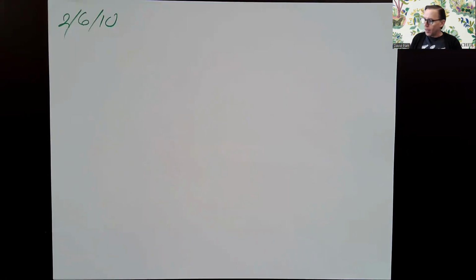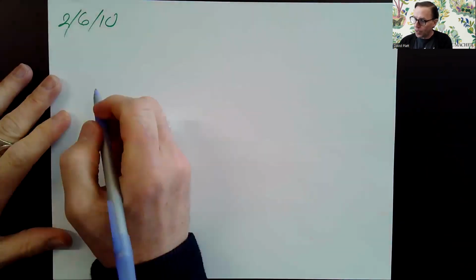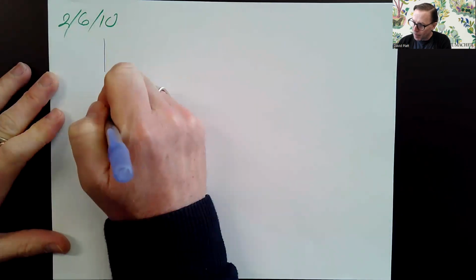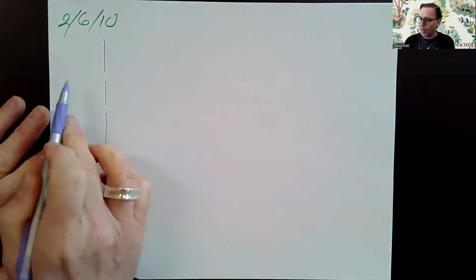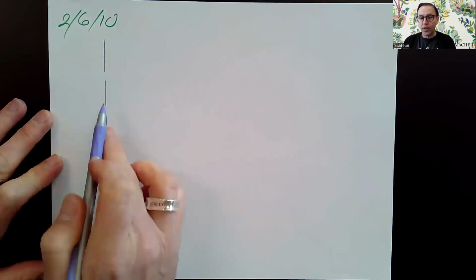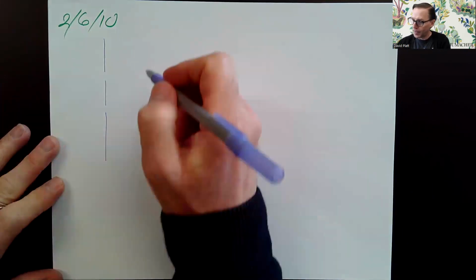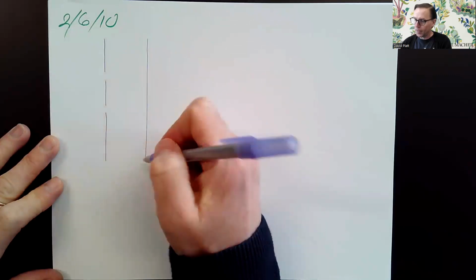So let me remind you that last time, for the previous video, we talked about Young's double slit experiment, where light is going to travel and encounter two slits and then hit a screen.